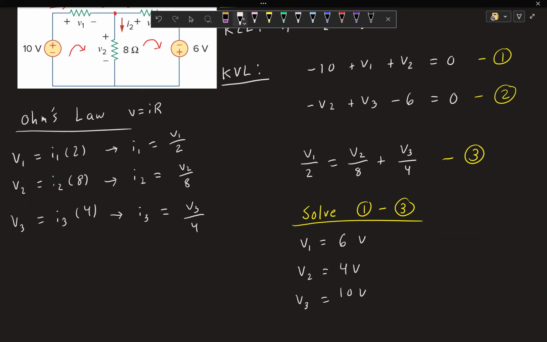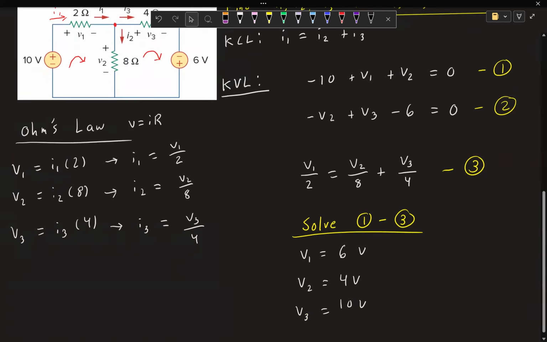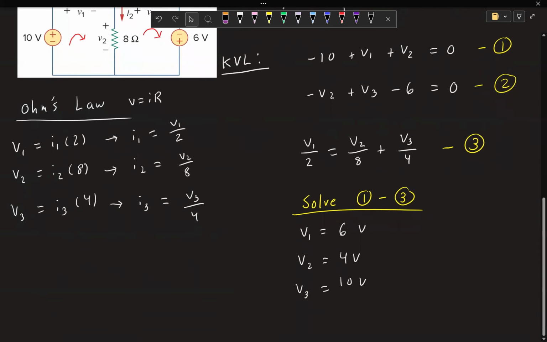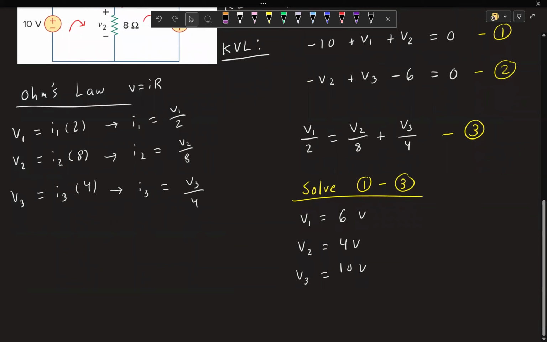Now, you could use substitution, elimination, or you could plug it into your calculator and solve it using the matrix. That's what I like to do when I'm doing homework or whatever. It'll just be quicker, and you can't make simple mistakes.